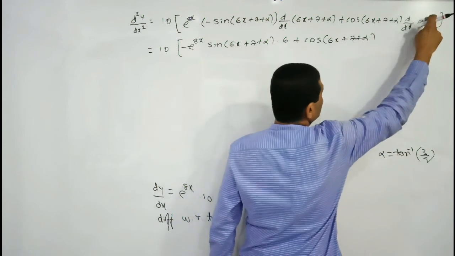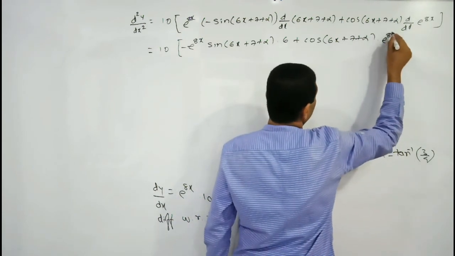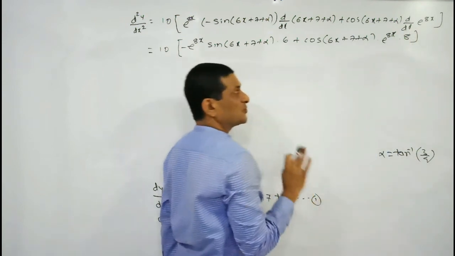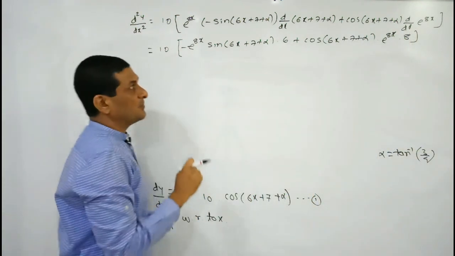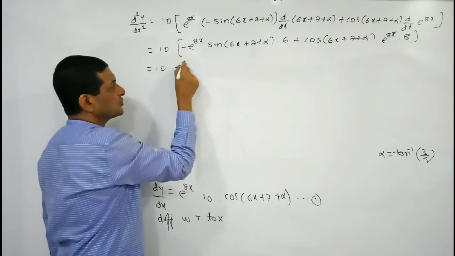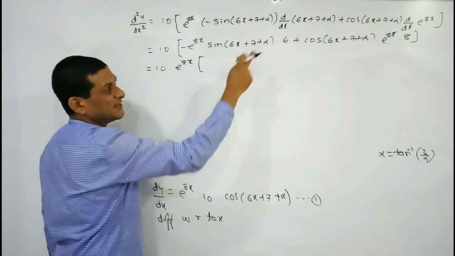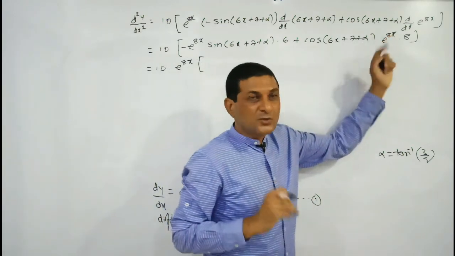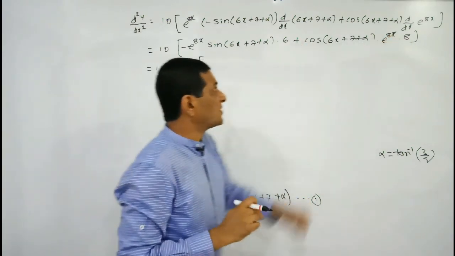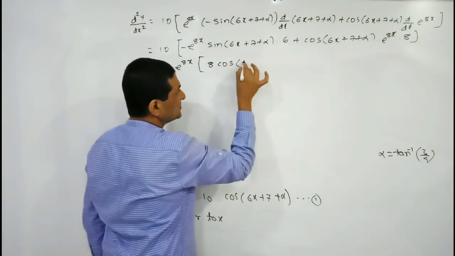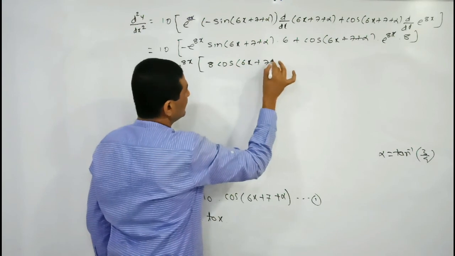Now the derivative of e raised to power f of x is e raised to power f of x, where f of x is 8x, into the derivative of 8x, which will be equal to 8. Meaning the differentiation is now completed. Again we are taking e raised to power 8x common. First write down the positive term. If we are taking e raised to power 8x common, so here we get 8 into cos of 6x plus 7 plus alpha.